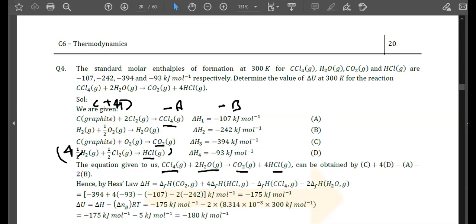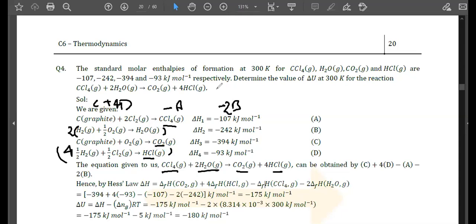If we are multiplying by 4H2O, we will get 4H2. So you have to multiply this by 2. This H2 and that H2 will be removed because we don't have H2 over here. So 2B. This is your reaction.